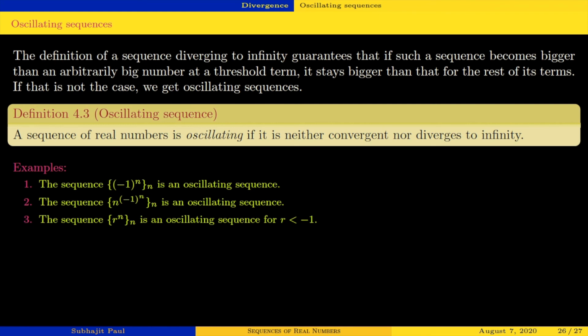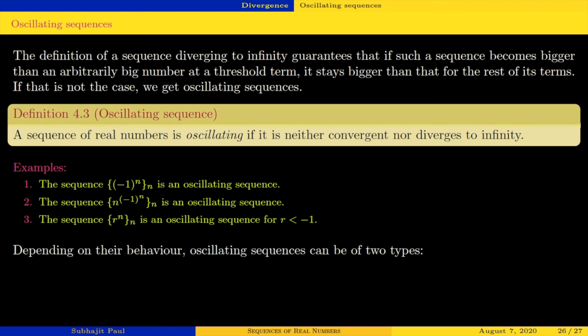The sequence r to the power n is oscillating for r smaller than minus 1. For r greater than 1, it will be diverging to plus infinity. For mod r smaller than 1, it will be a convergent sequence, and r smaller than minus 1 will be an oscillating sequence.